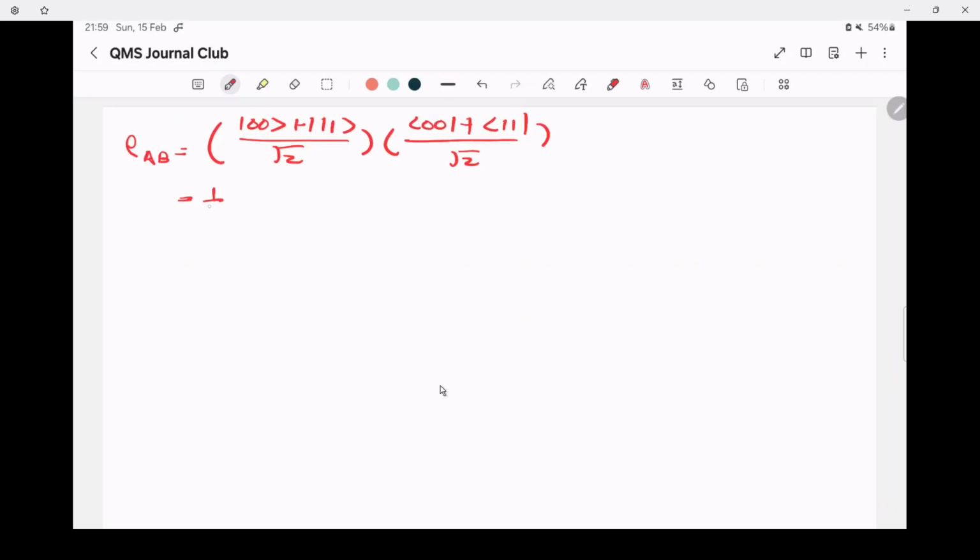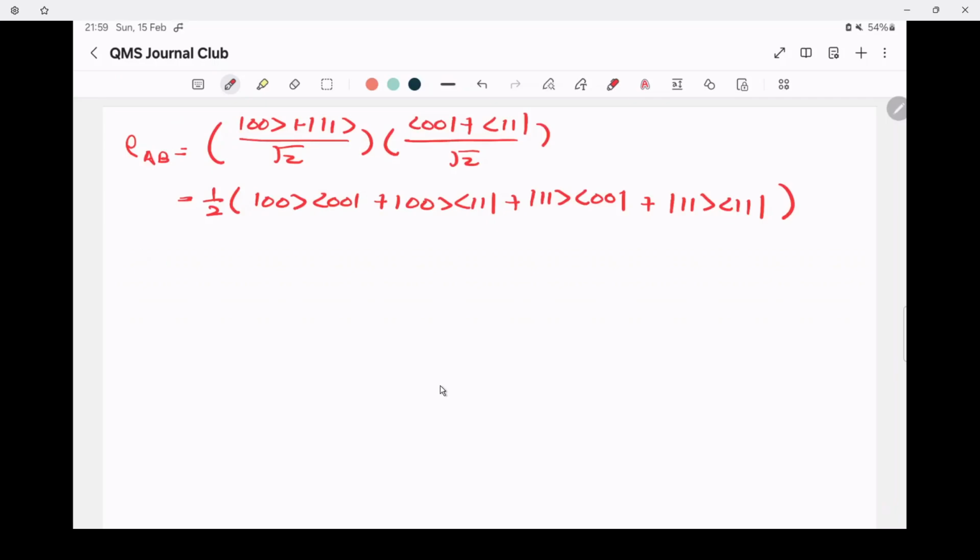So this will be half. Then you multiply as usual. So you have 0, 0, 0, 0, 1, 1, then 1, 1, 0, 0, 1, 1, 1, 1.